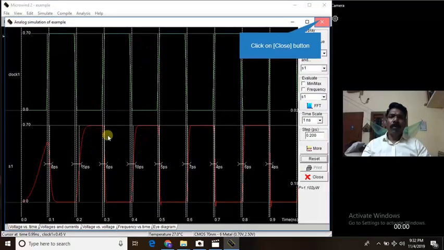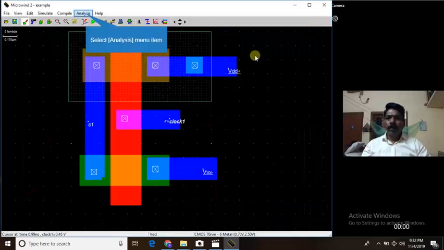You can see the timings are different; the time delays are not modeled properly. Level 1 is a primitive model, while BC4 is an advanced model, which gives a precise prediction of circuit behavior while doing the simulation.